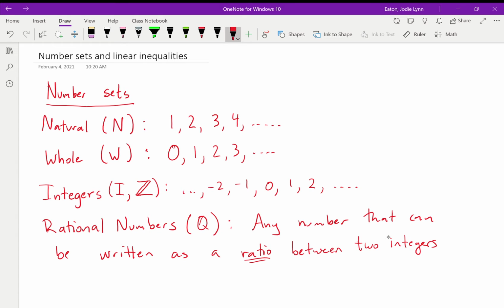So we can define these numbers as A over B, such that A and B are elements of the set of integers.